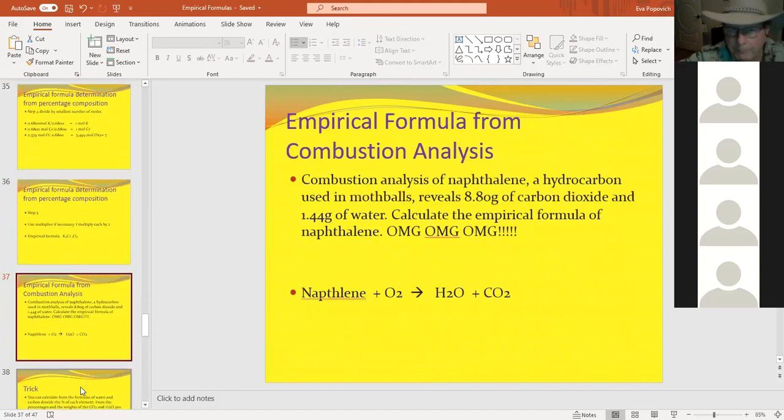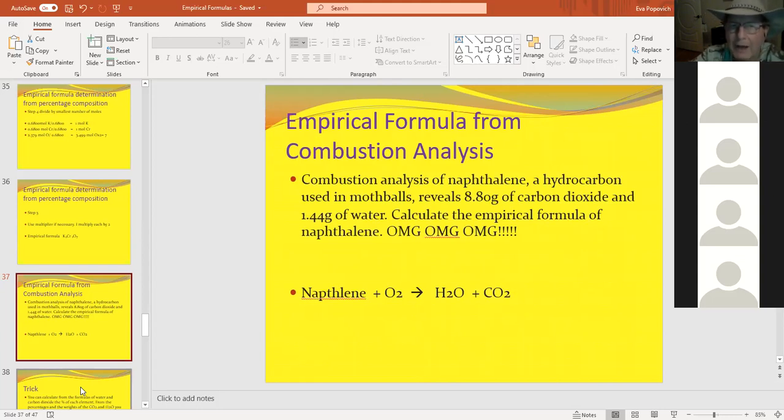Another problem. Combustion analysis of naphthalene, a hydrocarbon, reveals 8.80 grams of carbon dioxide and 1.44 grams of water. Calculate the empirical formula of naphthalene. Now, this could freak you out if you weren't thinking.